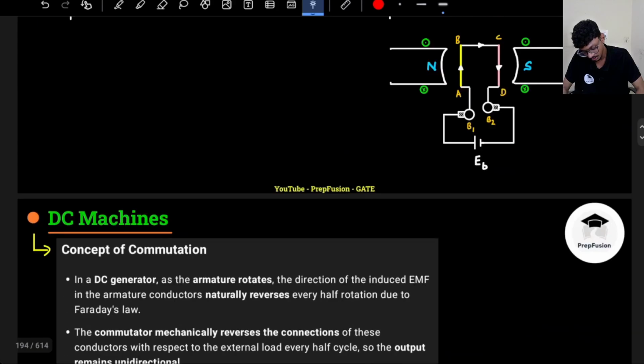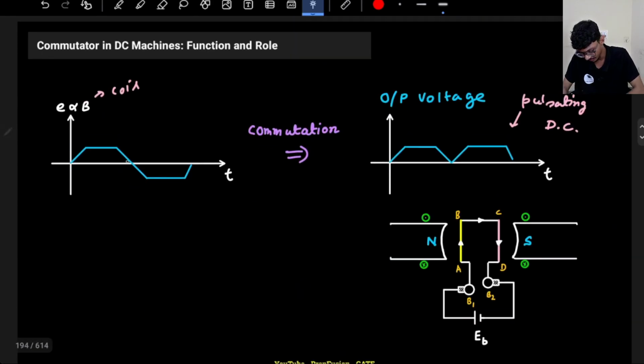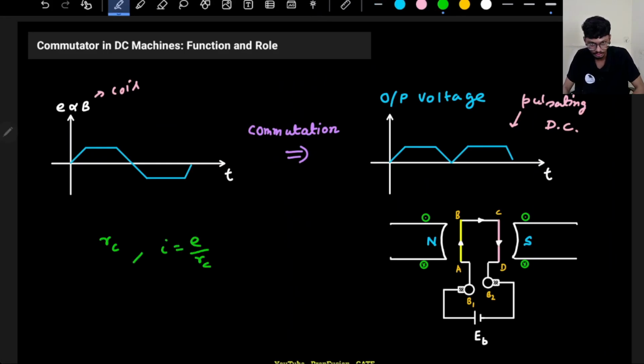If you see, the induced EMF is like this, and if I have a coil resistance of RC, what will the current be? Current on the coil will be E upon RC, correct?